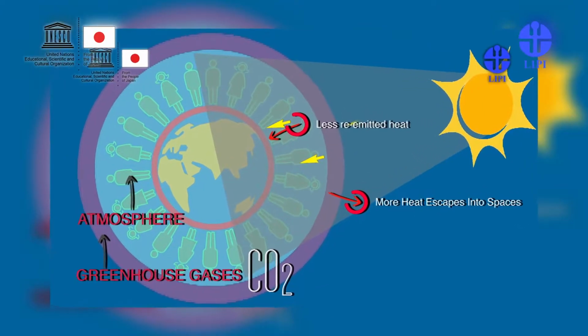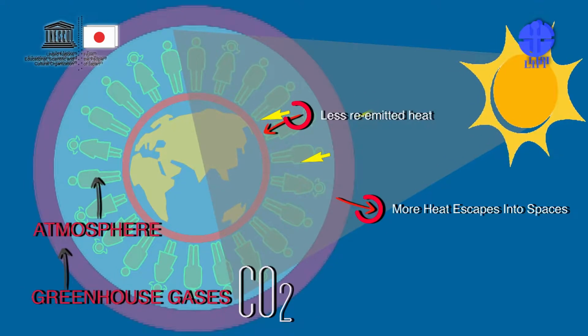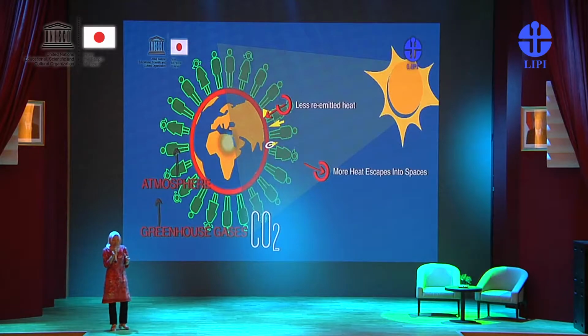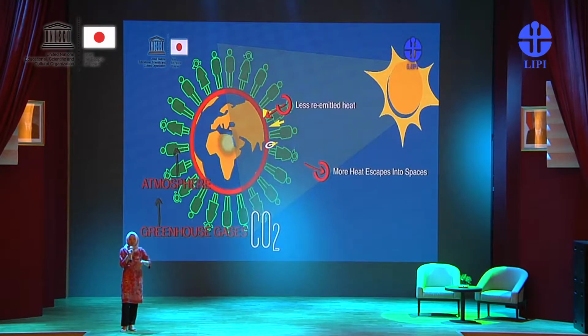So it's shortwave coming and longer wave going out from our planet. So what does that mean? The greenhouse gases, such as CO2, water vapor, and methane, act as a blanket to our planet. They are transparent to the incoming shortwave radiation, but they trap the long wave radiation. So we have incoming energy, but then it gets trapped by the greenhouse gas.